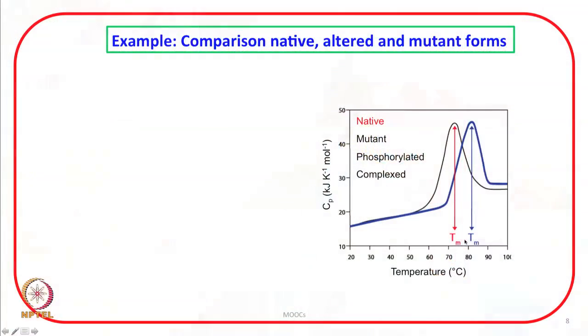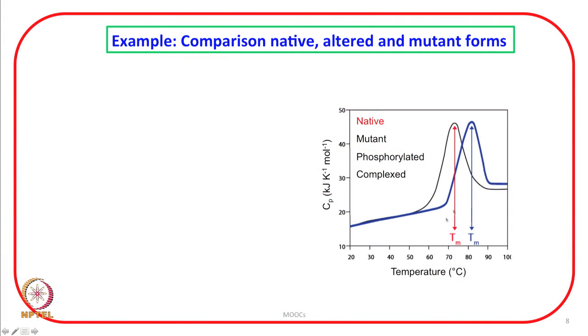For example, in this figure, the red line Tm corresponds to the transition temperature of the protein in the native state. And when you carry out mutations, meaning you alter one or more of the amino acids, you see whether the stability of the protein increases or decreases.